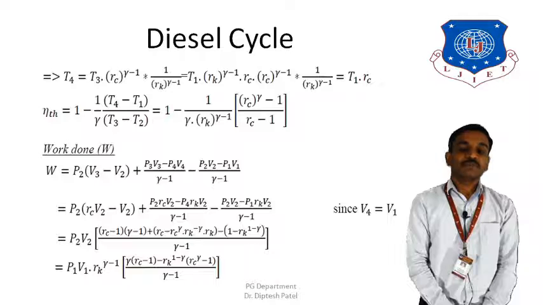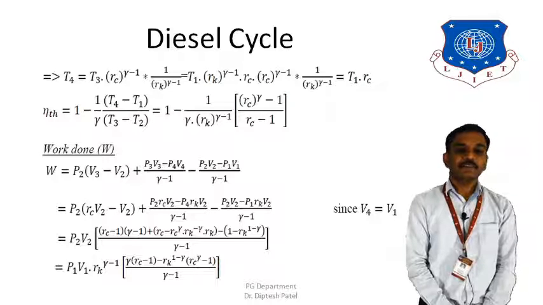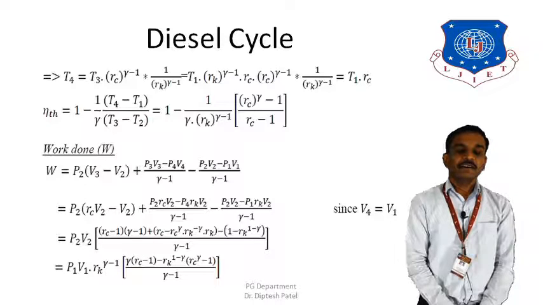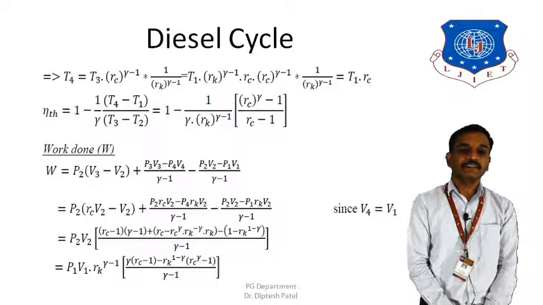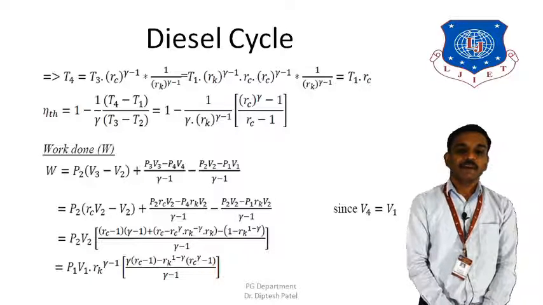Now let's go for the work done. Work done, W, is equal to P2 into V3 minus V2 plus P3V3 minus P4V4 upon gamma minus 1 minus P2V2 minus P1V1 upon gamma minus 1.